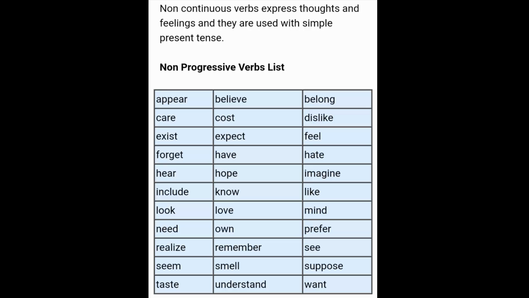In the third column, imagine with a difference of meaning, see with a difference of meaning. So these are some selected verbs which can be used in progressive sense but the meanings differ.